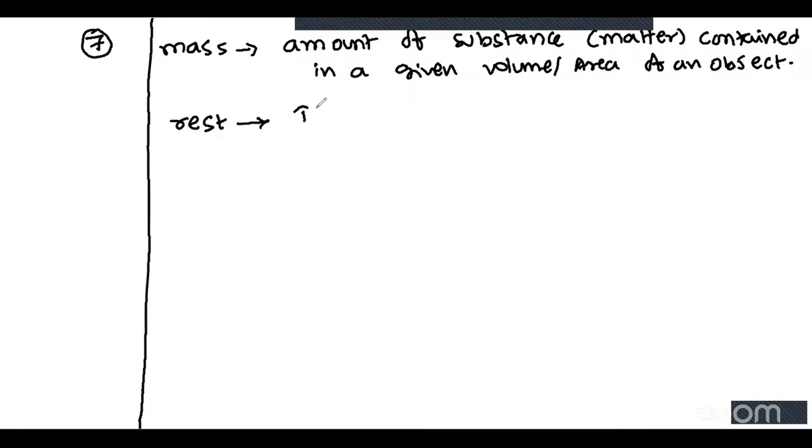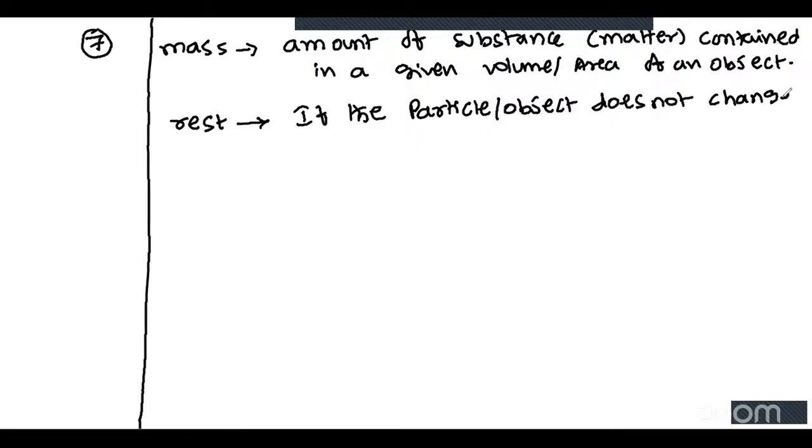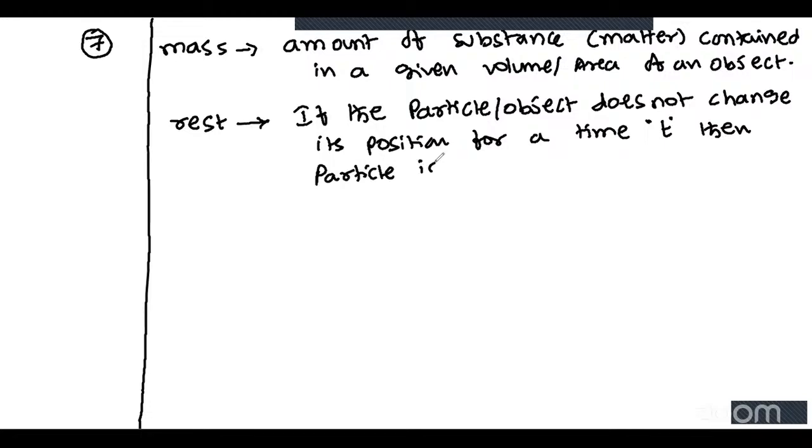If the particle or object, anything, it is same, if the particle or object does not change its position for a time t, then we can say that the particle is at rest.